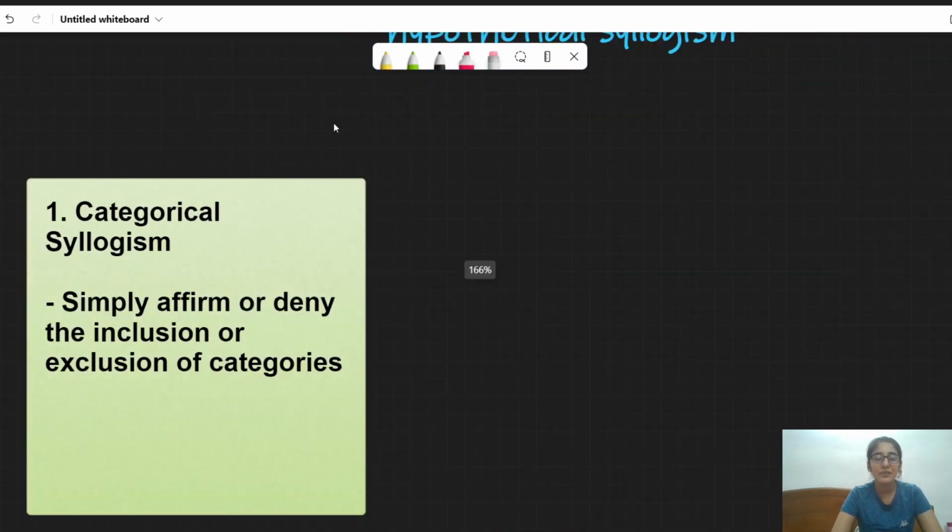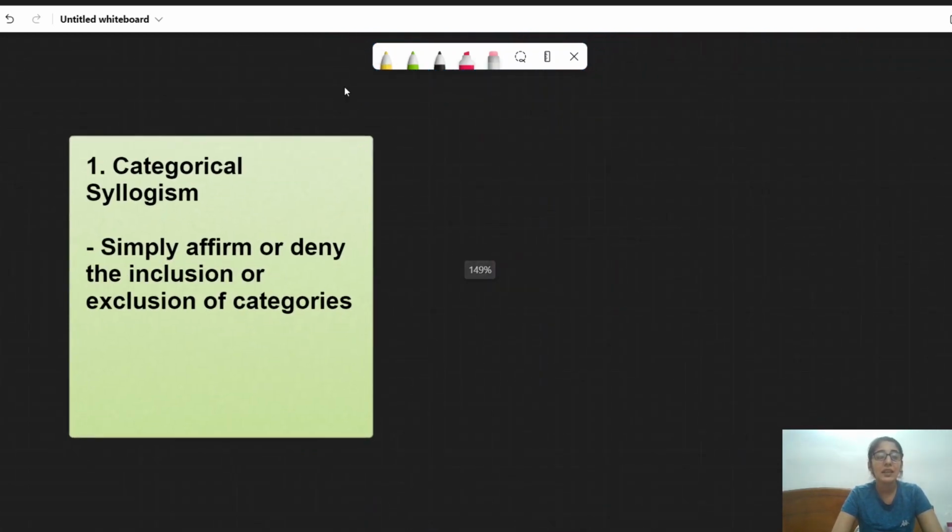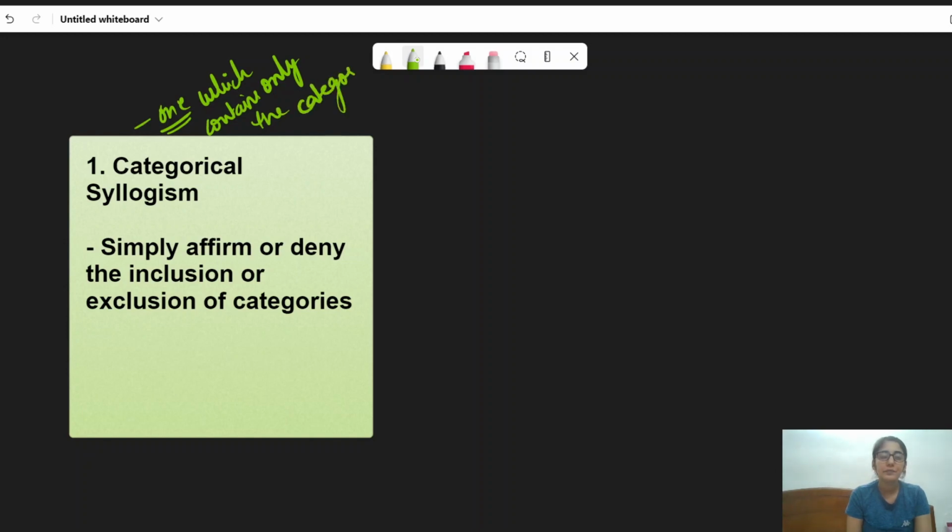So the first one that we have for us to discuss is the categorical syllogism. Now let's understand it in layman's language. I'm saying a categorical syllogism is the one which contains only the categorical propositions. What are the categorical propositions?